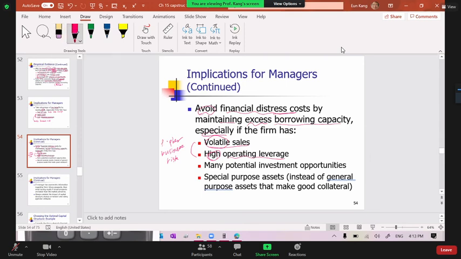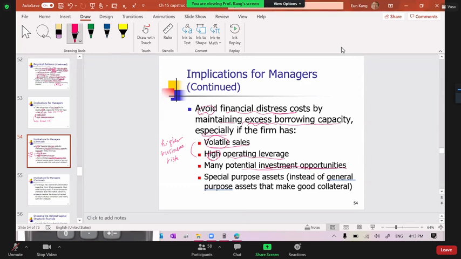And many potential investment opportunities. That is important. So they want to fund all these many good investment opportunities. So they need money, right? So maintain excess borrowing capacity.